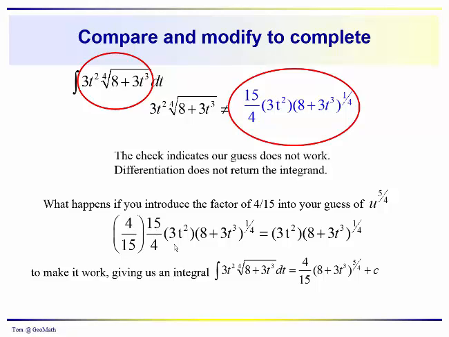These are going to cancel out, and then we get exactly what we're after. That makes it work. The integral of 3t squared times (8 plus 3t cubed) to the 1/4 is equal to 4/15, the necessary factor to get rid of this, times (8 plus 3t cubed) to the 5/4. And there's our familiar friend, the constant in this indefinite integral.